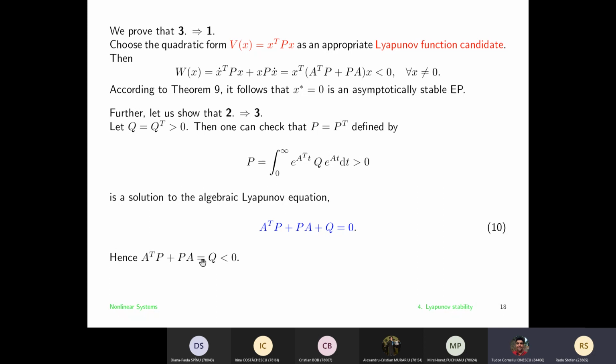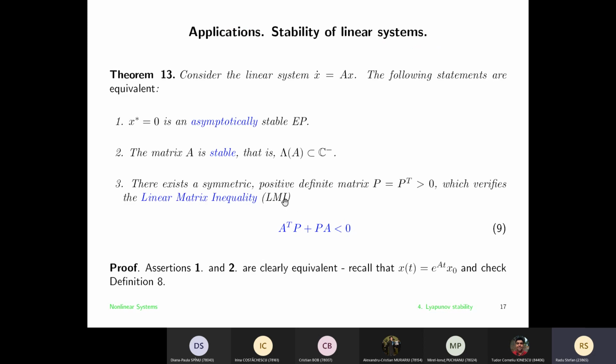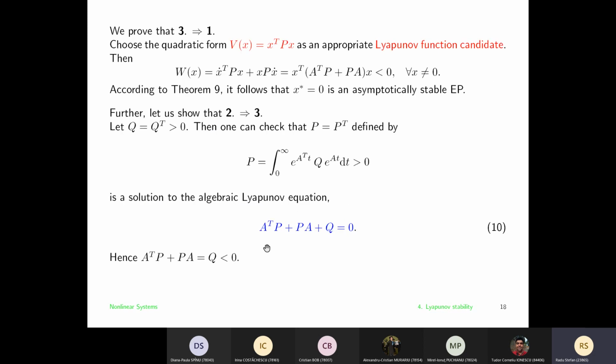Yes, but I think they understand it's a mistake there. It's obvious from equation 10. But the point is that instead of solving the inequality, one can take any positive Q and solve the equality, and the solution, also numerical, for the equality was known. Then you of course get the inequality, because A transpose P plus PA will be minus Q. Here is a minus.